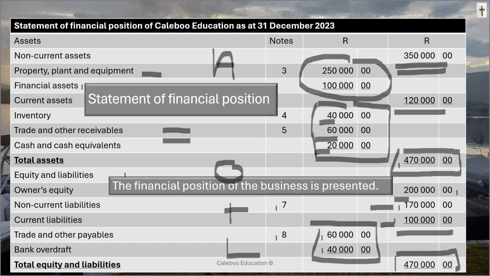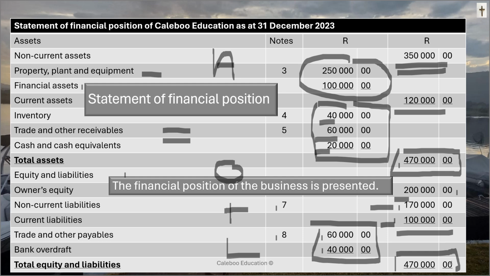Now this document here is a picture of your financial position at the end of the year. If we do a little bit of analysis and interpretation, which we will do at a later stage, we can make a whole lot of sense from this document.